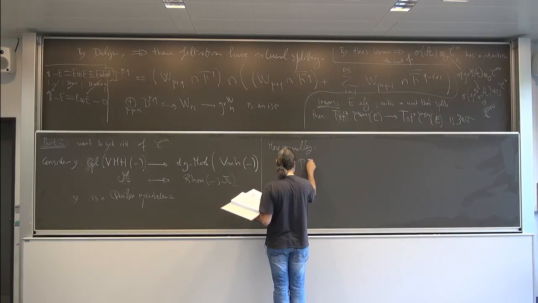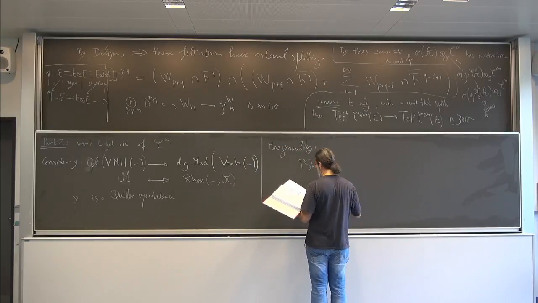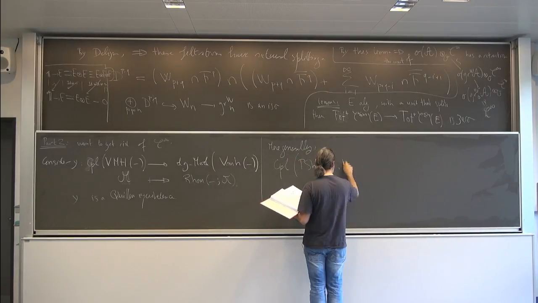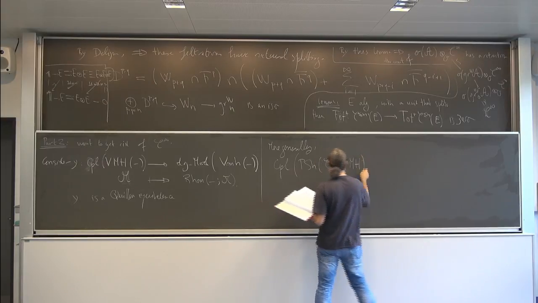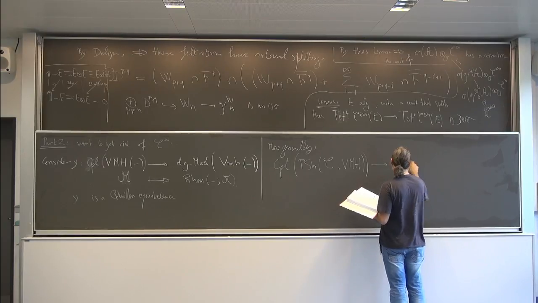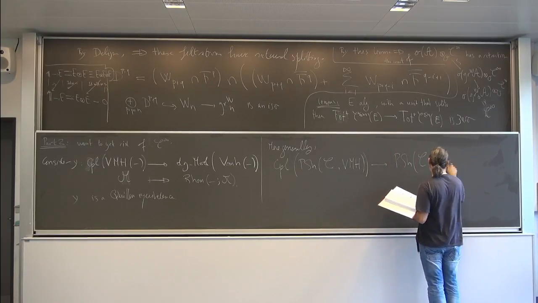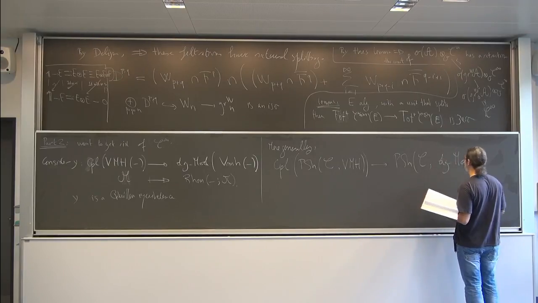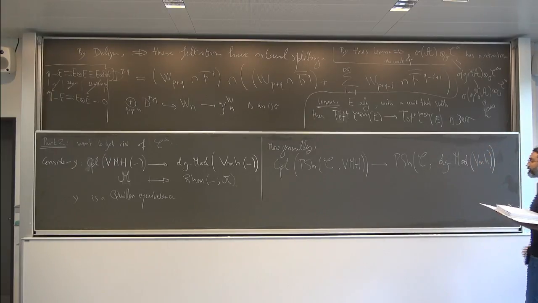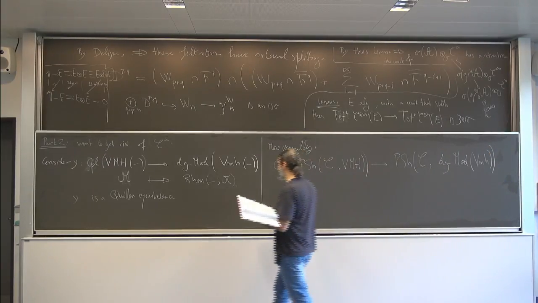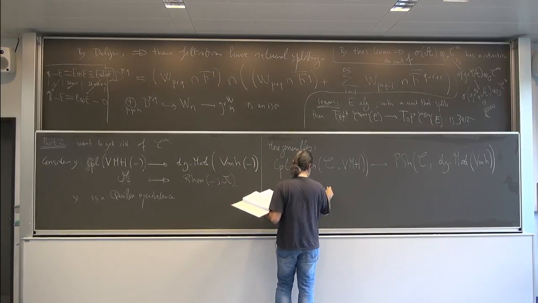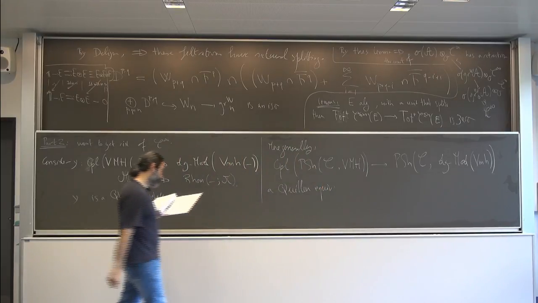So the induced functor from pre-sheaves on C, let's say complexes, VMH, to pre-sheaves, is also an equivalence. So it induces an equivalence when you pass to the homotopy categories.